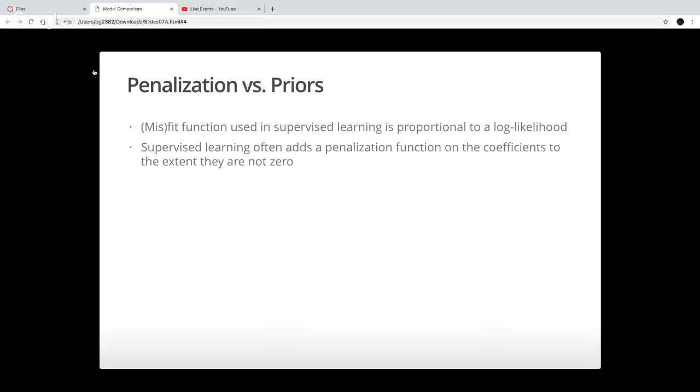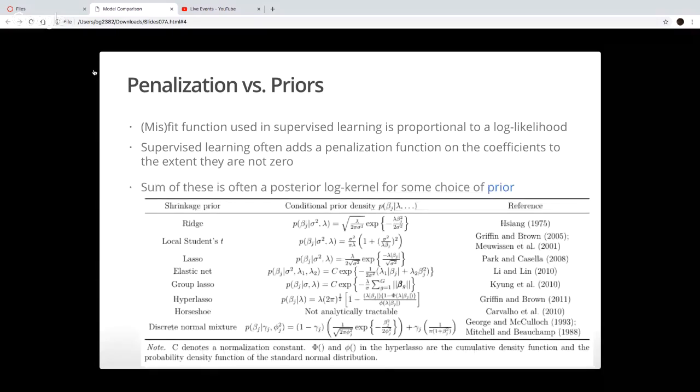So you might say, well, why would you be penalizing these coefficients to the extent they're different from 0 if you didn't come into it thinking, well, most coefficients tend to be pretty close to 0? And that sounds an awful lot like a prior. And indeed, I would say almost all the people in supervised learning accept the Bayesian view of probability as degree of belief and reject the frequentist view.